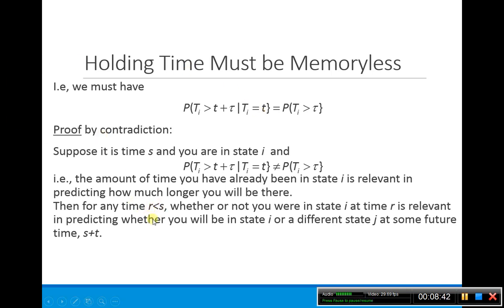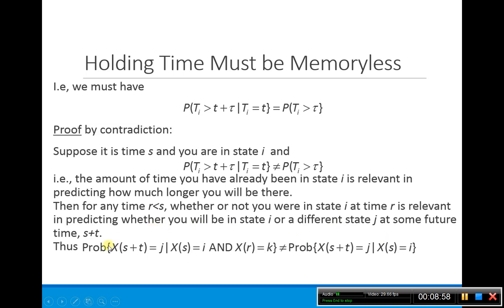So for any time less than s, you're saying that it matters whether or not you're in state i or in some other state, and that where you are at time r has some relevance on what state you're going to be in. So basically the probability that you're going to be in state j depends not only on the present, but also on where you were previously, whether you were in state i or, let's say, state k.